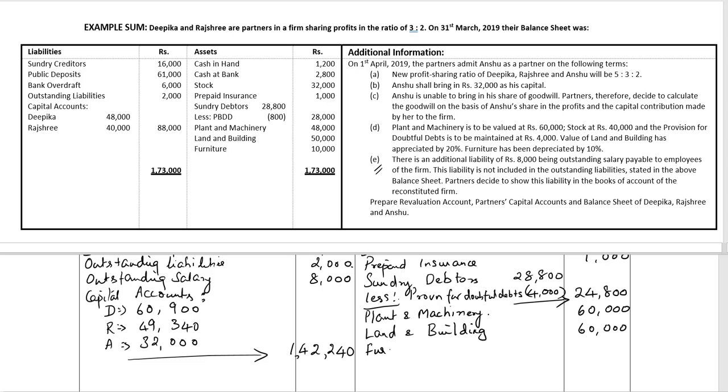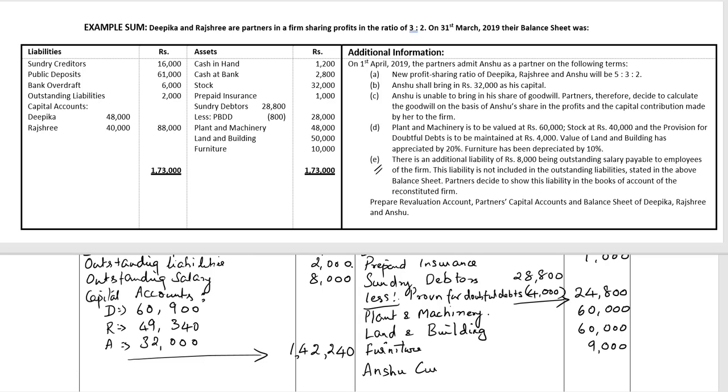Furniture was depreciated by 10% or rupees 1,000. So now that's 9,000 rupees. And for treating Anshu's share of goodwill, we opened a current account. So Anshu's current account, 4,440 rupees. So all the items in the balance sheet are done.